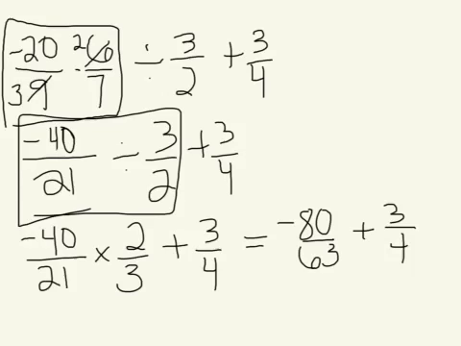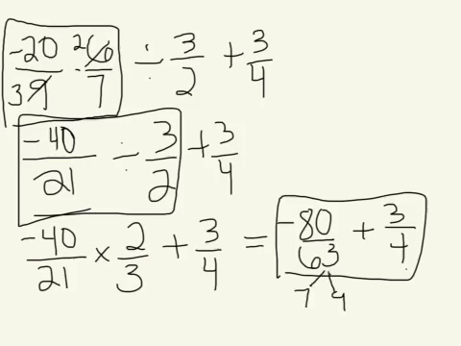Okay, now we're just looking at the very last step. We need to add these two fractions. And as you know, with adding and subtracting, you need a common denominator. So we look at 63, we look at 4. Now, if you think of the factors of 63, 7 times 9, or 9 is 3 times 3. Do you see anything in 7, 3, and 3 that has anything in common with the factors of 4? Factors of 4 are 2 times 2.